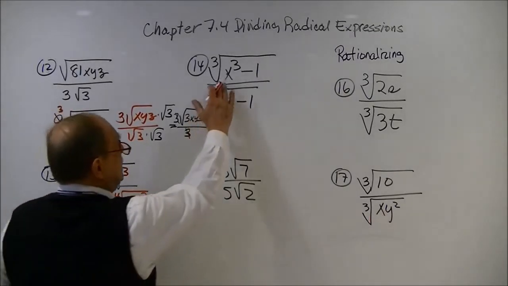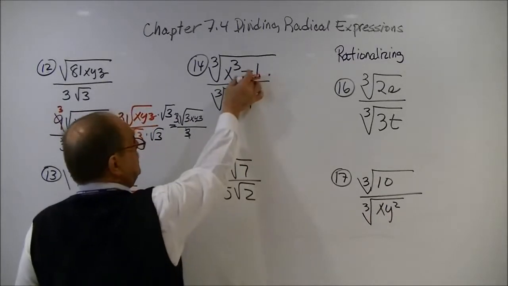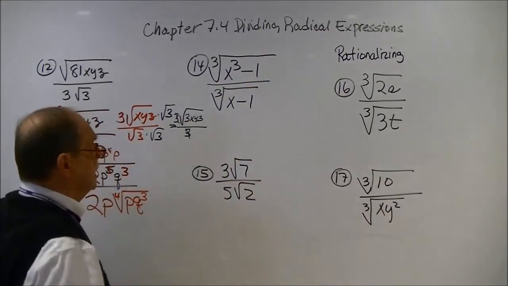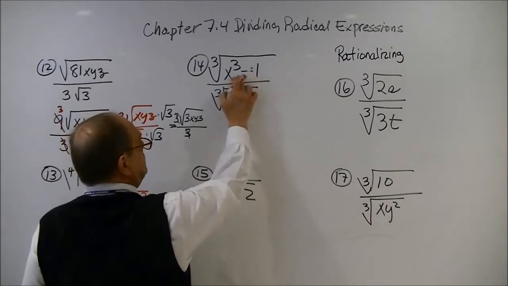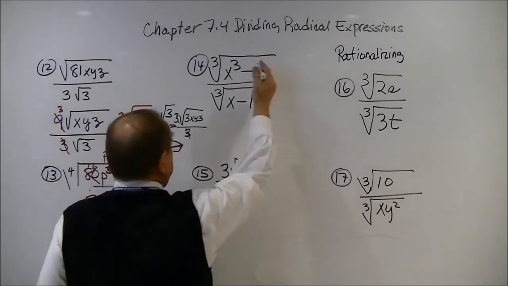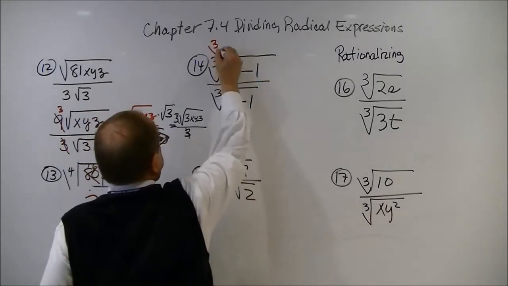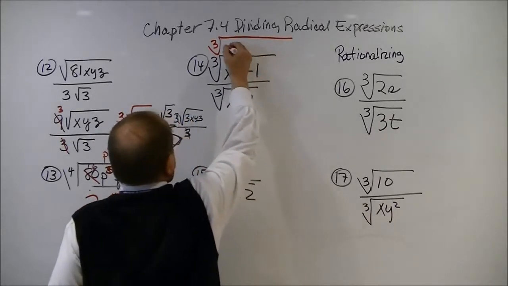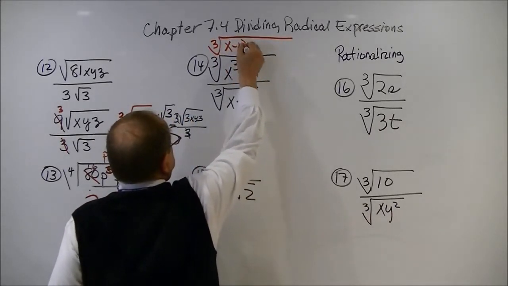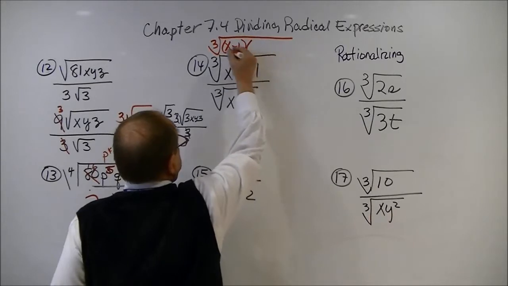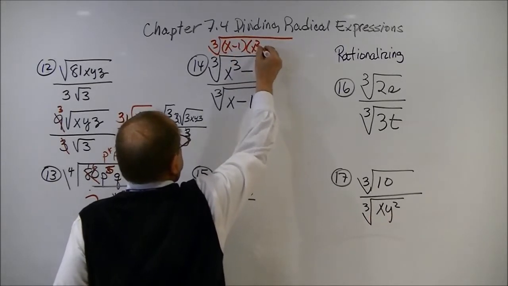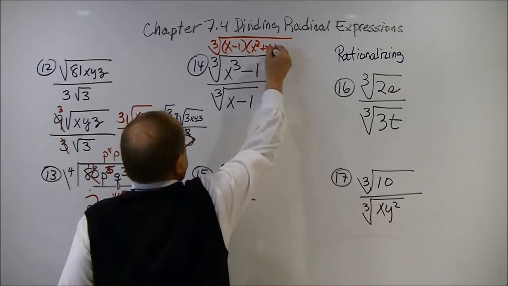All right, this one over here is kind of interesting because I don't know if you see what's going on there. This is the difference of perfect cubes, which will factor into x minus 1, and then x squared plus x plus 1.